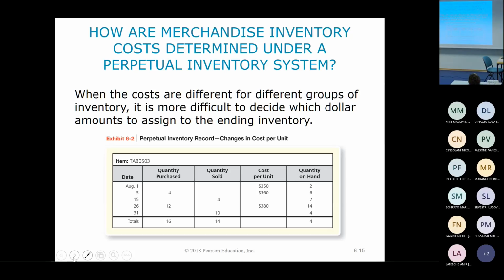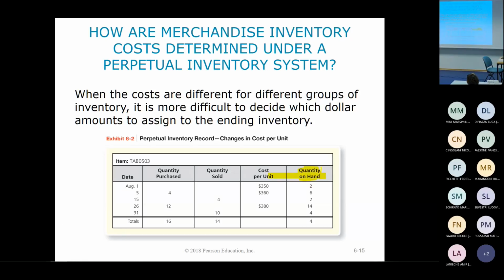So if we have in this case an assumption which is similar to the example I made, that is the cost per unit is now increasing, 350, 360, 380, inflation. And when the cost per unit increases, of course, the quantities remain the same.